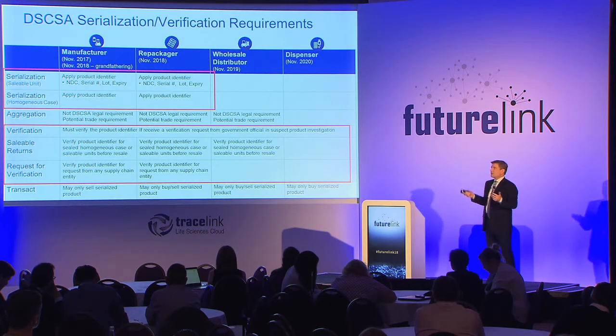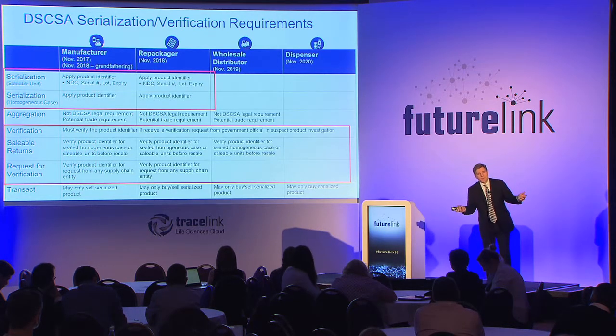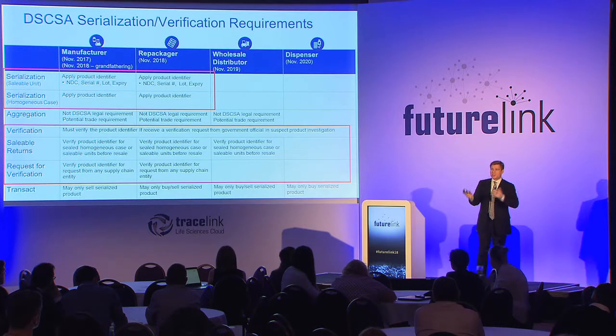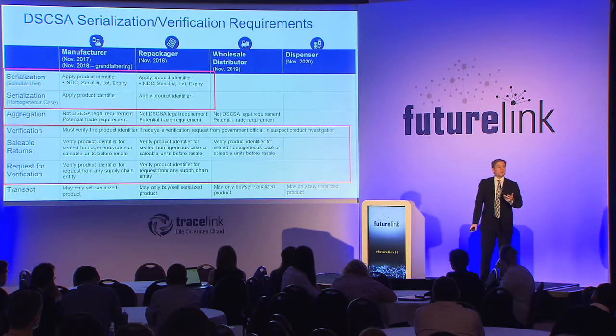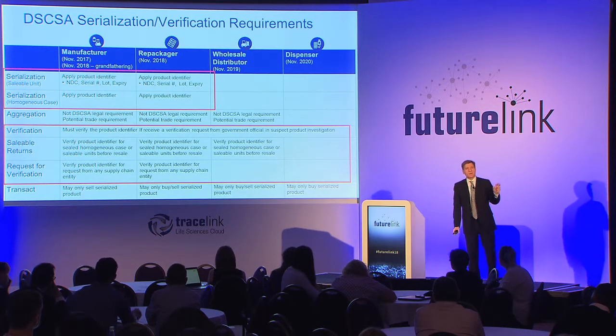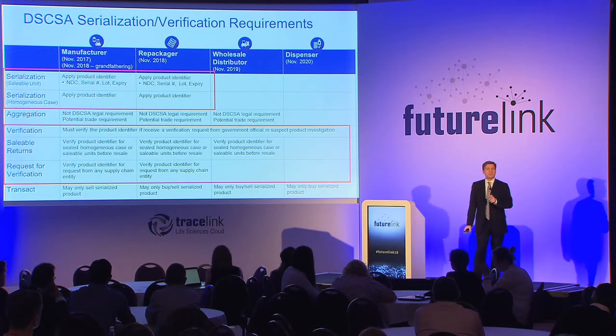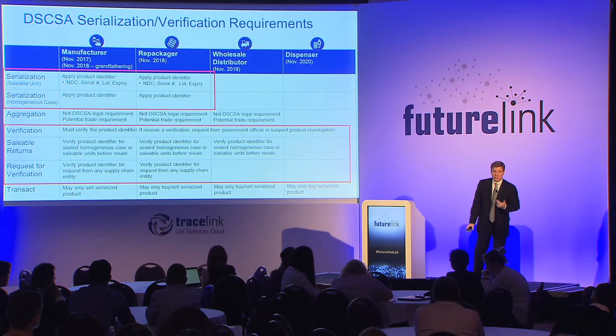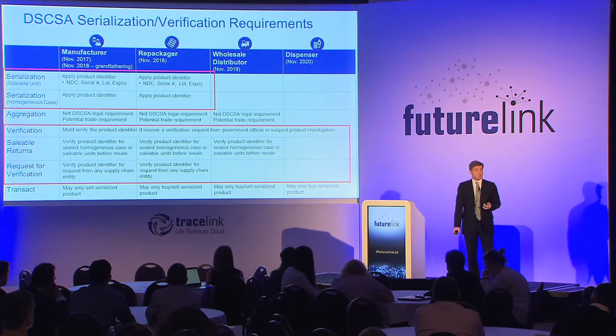There is the standard verification for suspect product investigations. If there's a reason to investigate a product, it may be counterfeit or stolen, diverted, etc. You are now supposed to use not only the transactional information, but you're supposed to use the product identifier to help determine if this is truly an illegitimate product or not.